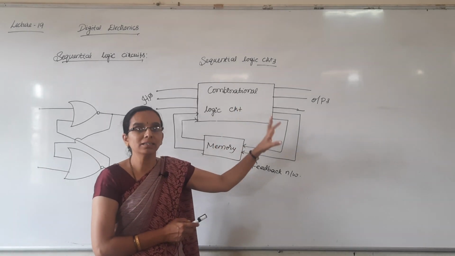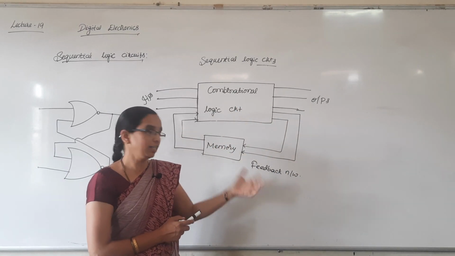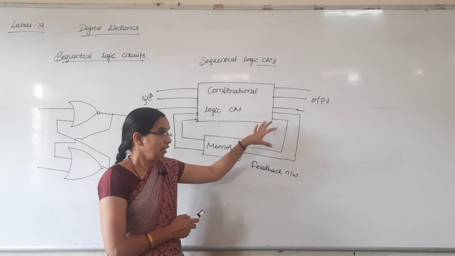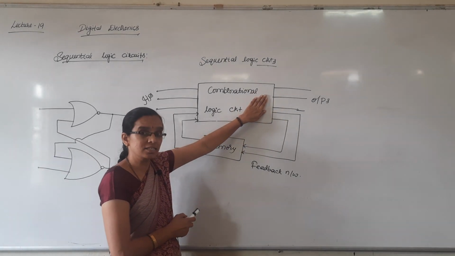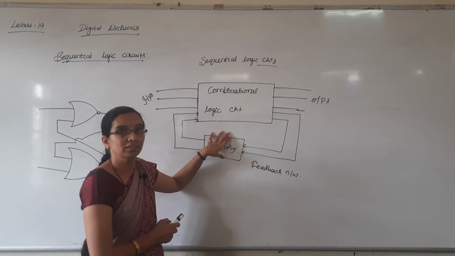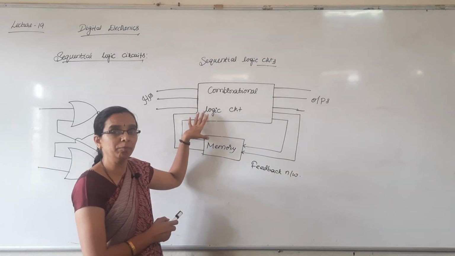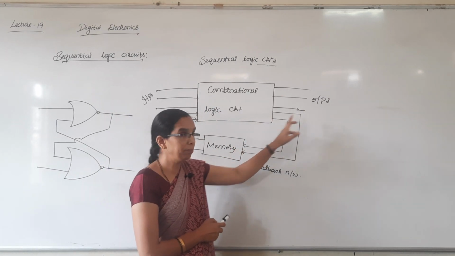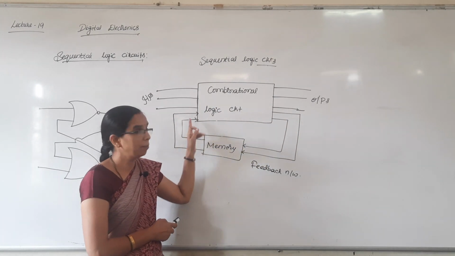Giving back a fraction of the output to the input is nothing but feedback, which we have studied in feedback amplifiers. So these output conditions are stored and given back to the input. By this, the next output depends also on the previous output.